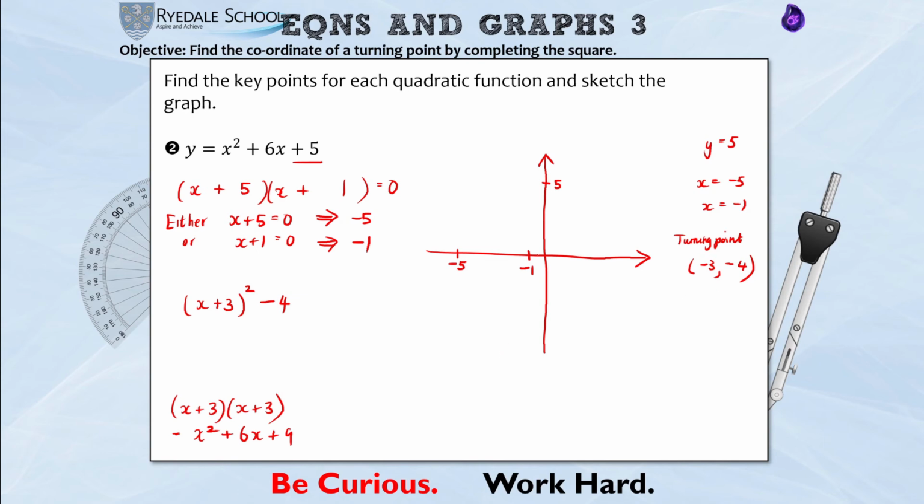And my turning point is at -3 and -4. Let's plot those as points. X-intercepts, y-intercept, turning point. Draw in the curve.